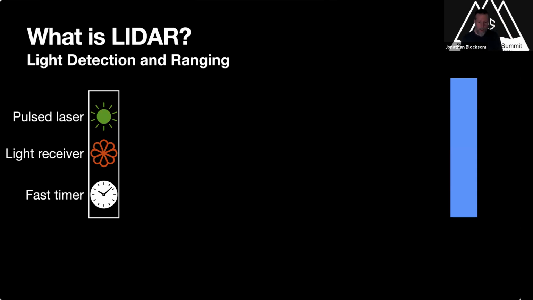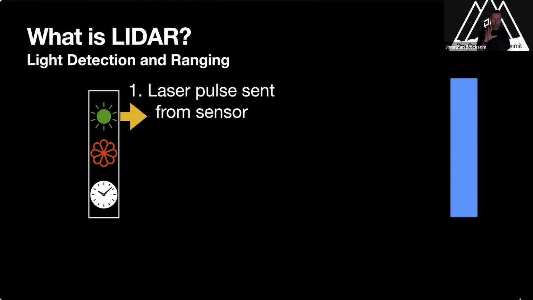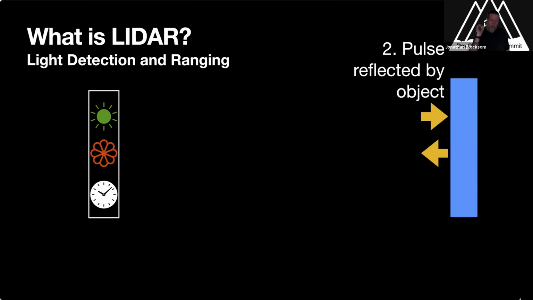But at the end of the day, it's a timer. So you shoot out a laser pulse from a laser, and then that laser is going to go out into the world and it's going to hit something. And when it hits something, it's going to bounce off it. If it's an object that is not like a shiny mirror, it's probably going to bounce right back to where it came from.